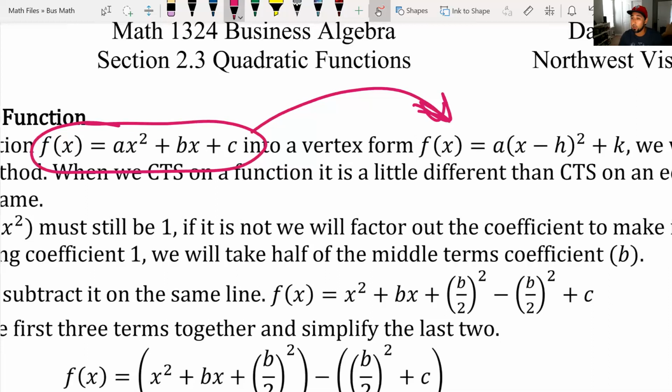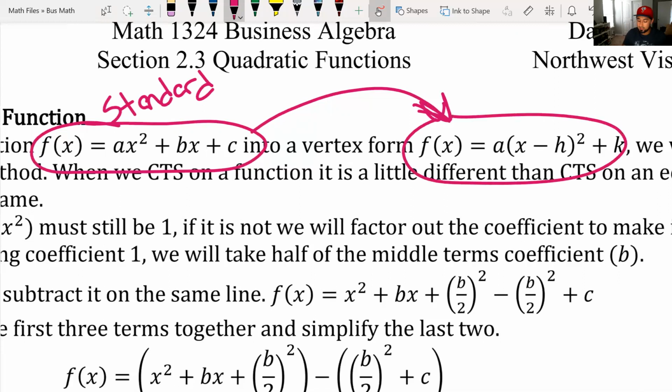And this function is called the vertex form of a quadratic function. So we need to go from standard to vertex, okay? So this is a standard quadratic function, and we need to change it into the vertex form.